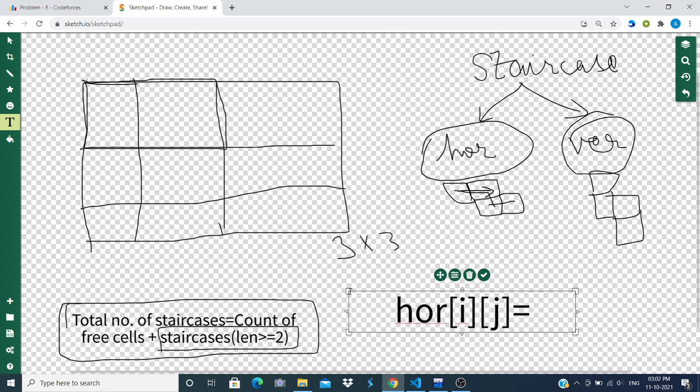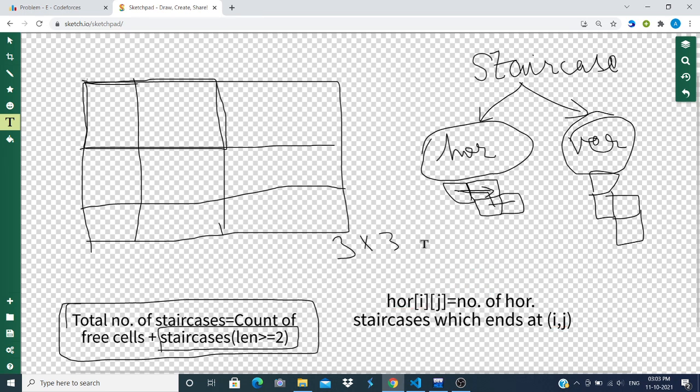It is basically the number of staircases which end at i comma j, right? Basically it is the number of horizontal staircases. Horizontal of ij is the number of horizontal staircases which end at ij. Similarly, I can also define vertical of ij in a very similar fashion.